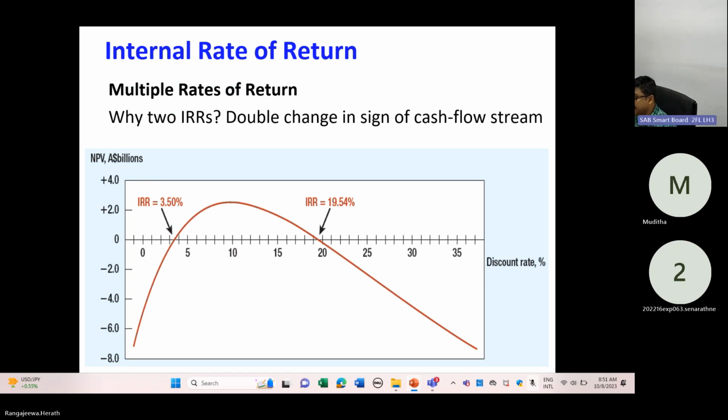But there is a main limitation of IRR. There can be two IRRs per project. When you plot a project like this, it can be initially negative, then it becomes positive, then again it becomes negative. Here you find two IRRs, 3.5% and 19.5%.